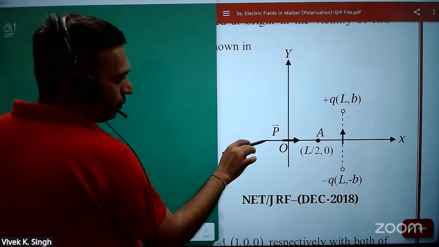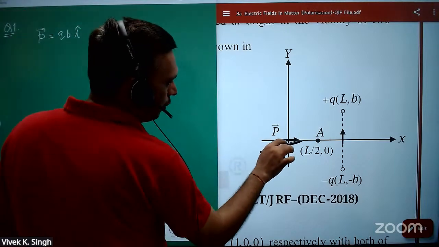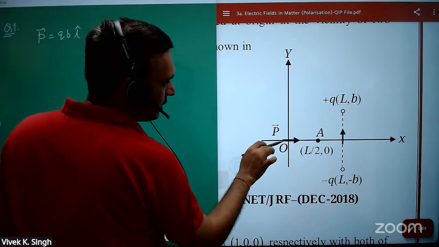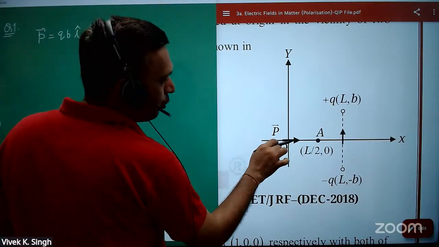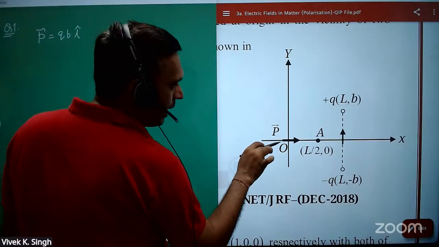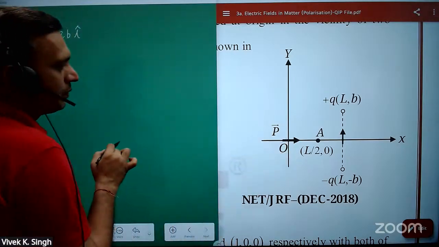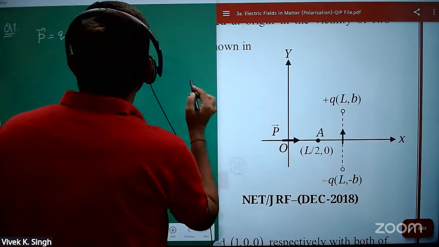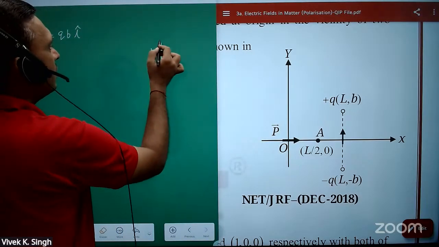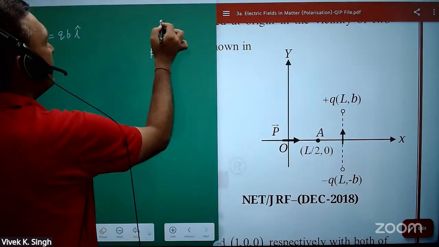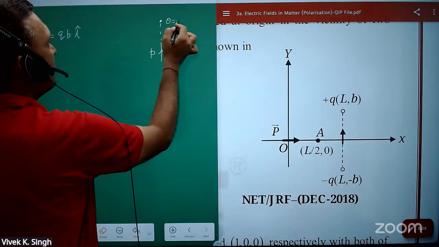When applying the potential formula, you have to assume the dipole is along the Z direction, so along this point theta will be 0.